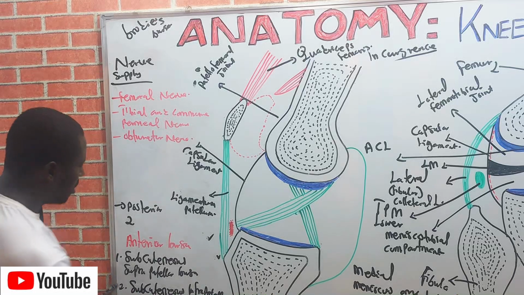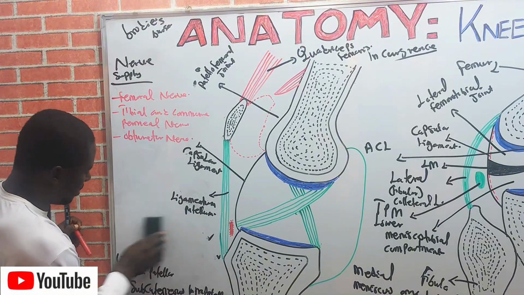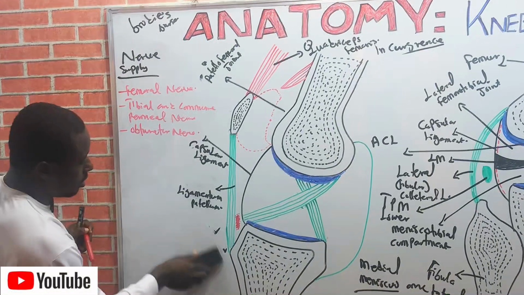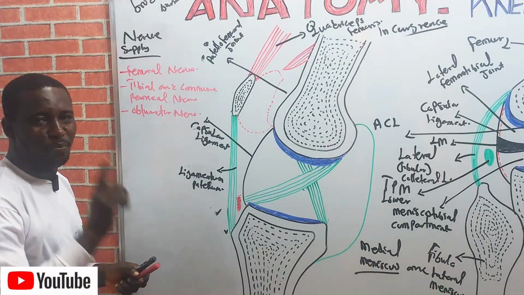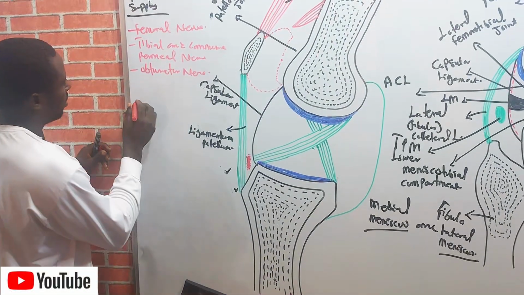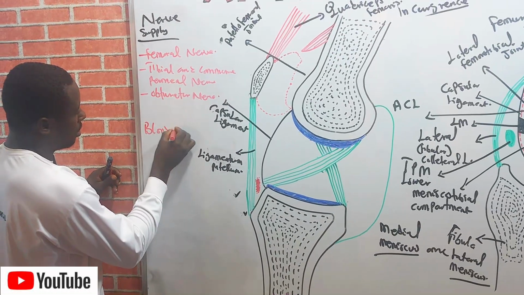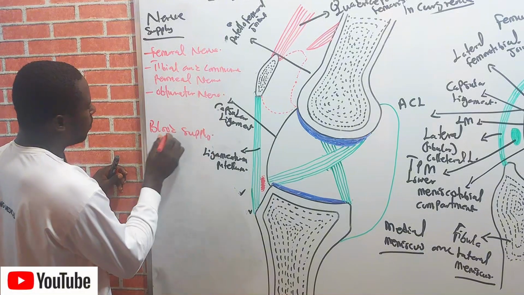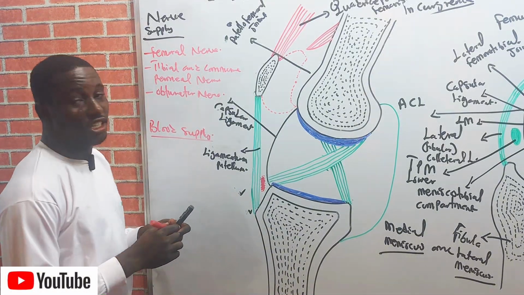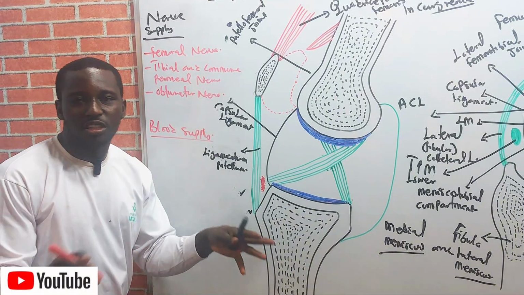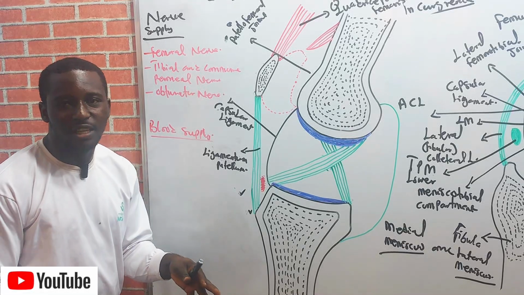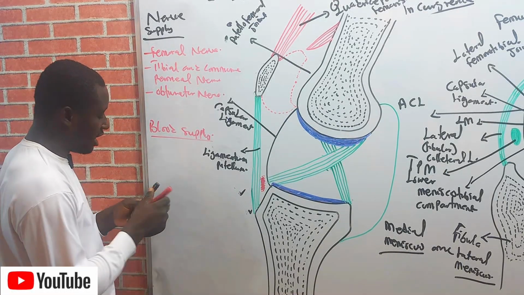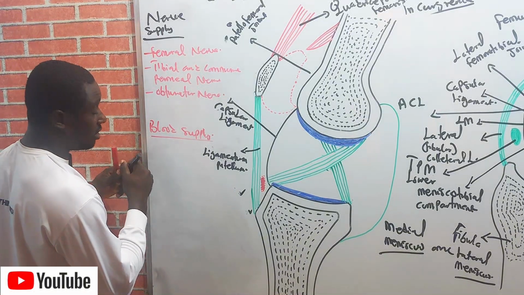The next outline is the blood supply. The blood supply of the knee joint is the arterial anastomosis around the knee joint, which is particularly the genicular anastomosis. You get.